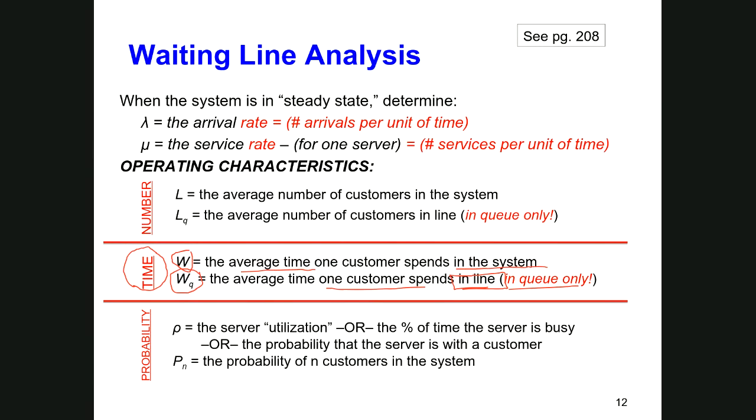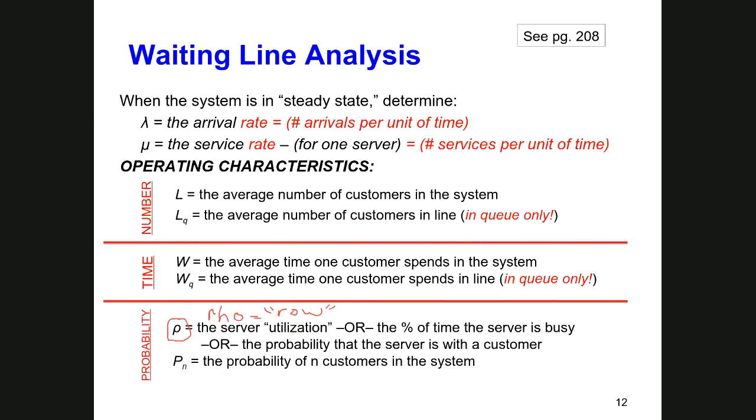And then lastly, our probabilities. The first one that we're going to be interested in is this letter. This is not a P. This is the Greek letter rho, spelled R-H-O, and it's pronounced "row," like the rowboat, row your boat, R-O-W. That's how it's pronounced.